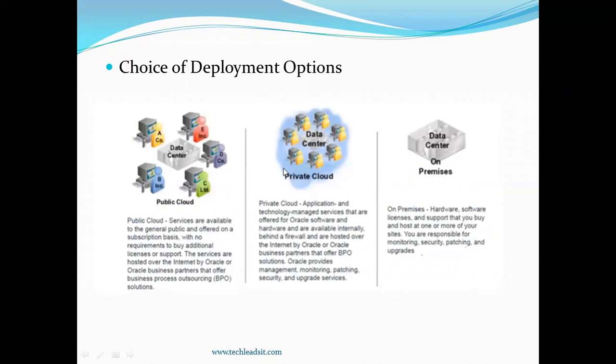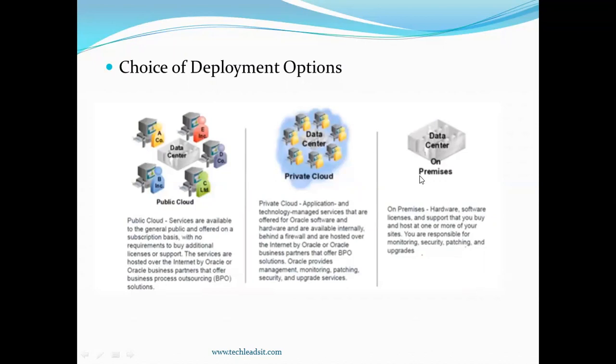Whereas in the private cloud, the data center is restricted to the business partners. There, if A wants the same business change, then only A sees the respective change, and others cannot. That is how Oracle restricts it in the private cloud. On-premises means everything is hosted by the organization itself.